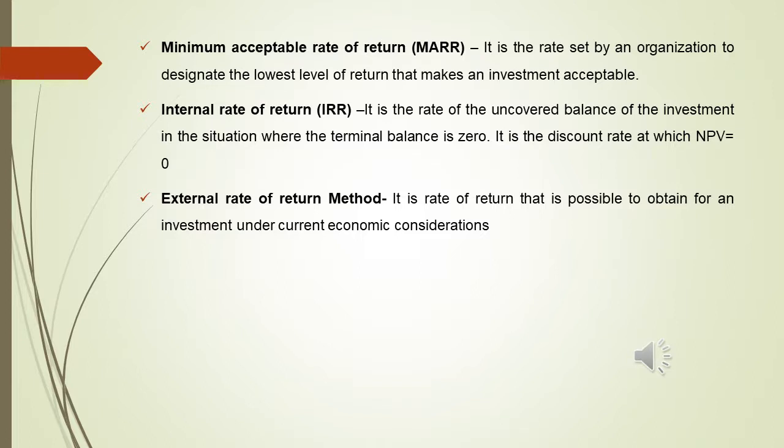This is the rate on the uncovered balance of the investment in the situation where the terminal balance is zero. It is the discount rate at which NPV is equal to zero. So that's the situation where the terminal balance is zero.